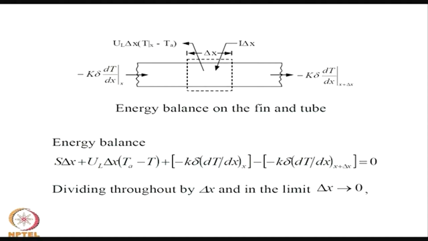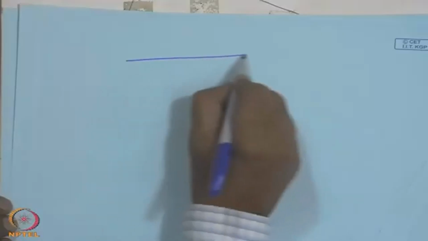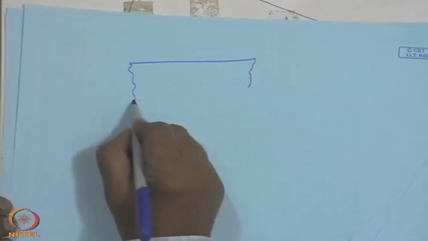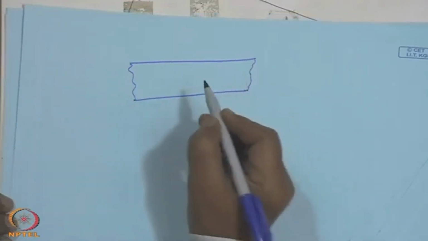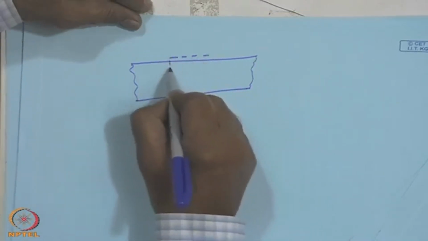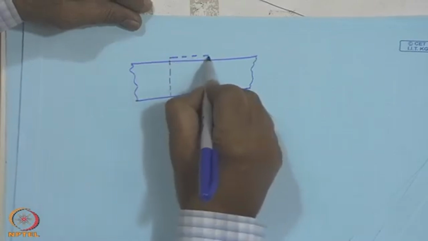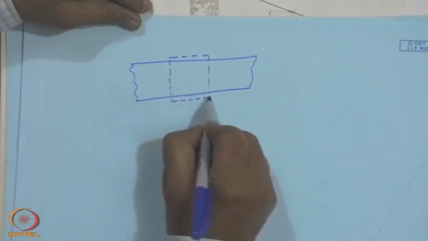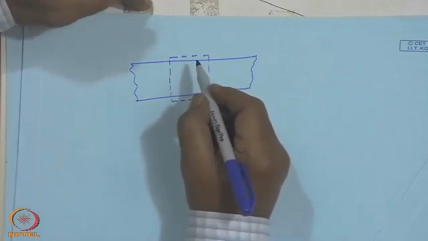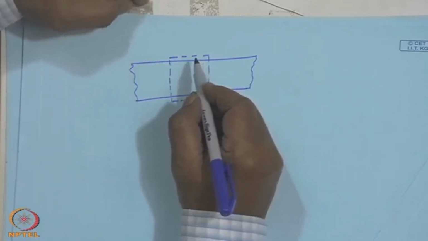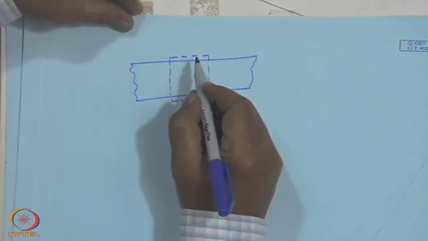So, I shall just make the energy balance. This is the control element. Those of you who are familiar with the heat transfer course know that this type of analysis has been done a large number of times.